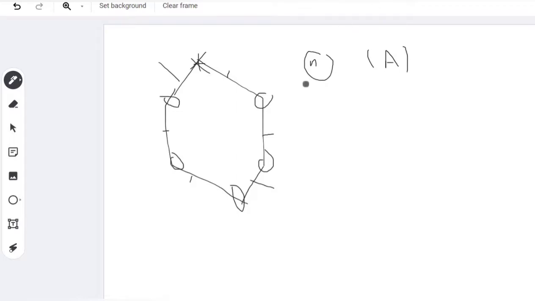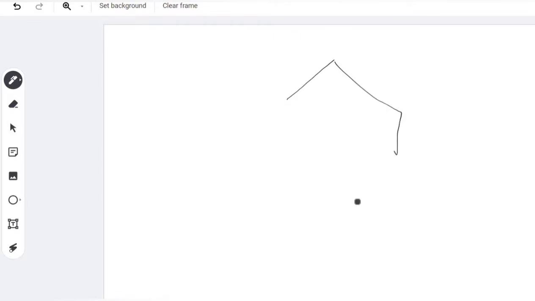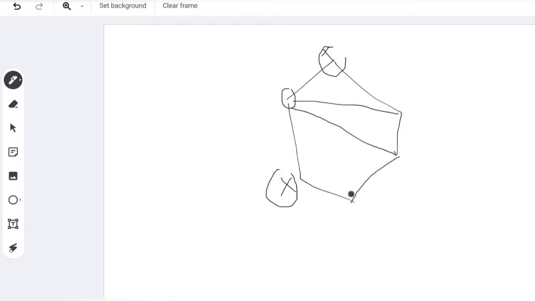But for non-adjacent, you have to see that this computer cannot connect to this computer and cannot connect to this computer, as they are adjacent. In the adjacent form we have connected them, but in non-adjacent form they cannot be connected. So you have these three options: 1, 2, 3.